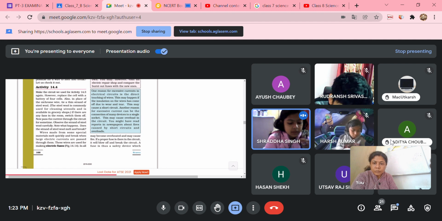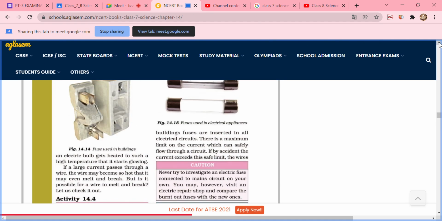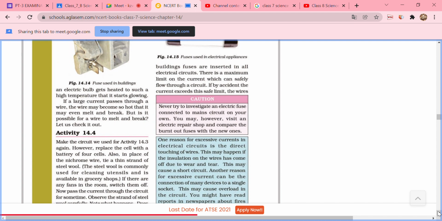Wires made from some special materials melt quickly and break when large electric currents are passed through them. These wires are used for making electric fuses. In all buildings, fuses are inserted in all electrical circuits. There is a maximum limit on the current which can safely flow through a circuit.